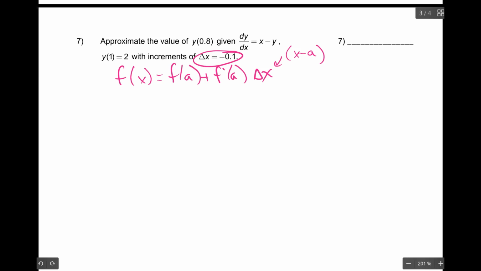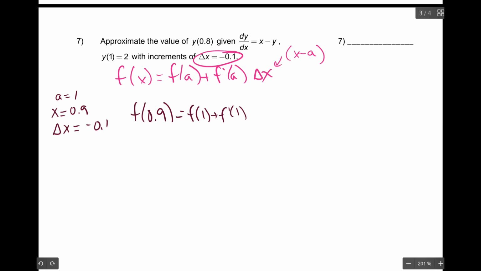All right, first we start with a equals 1. I'm trying to go to 0.8, but I can only increment by 0.1. So here my x is going to be 0.9, and my delta x is negative 0.1. f of 0.9 is equal to f of 1 plus f prime of 1 times delta x.